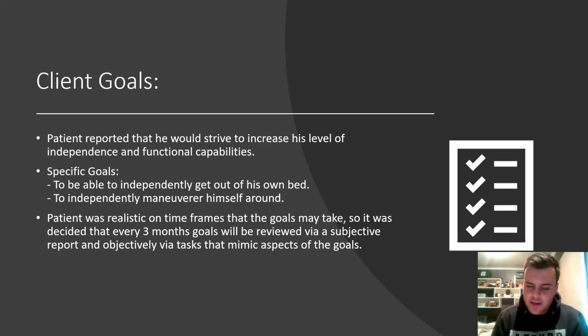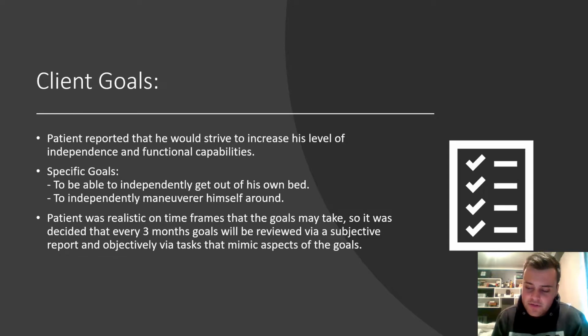At the end of the initial assessment, the client's goals were established. The patient claimed that from rehab with the EP, he would like to increase his level of independence and functional abilities. His goals were then broken down to be more specific, and the patient reported that he'd like to be able to get out of his bed every day and maneuver himself around on his wheelchair without the help of his partner.